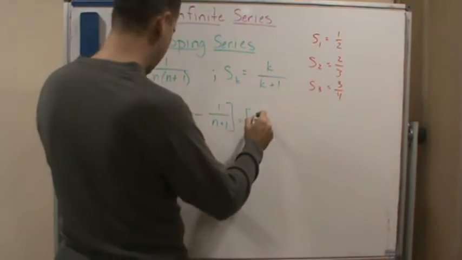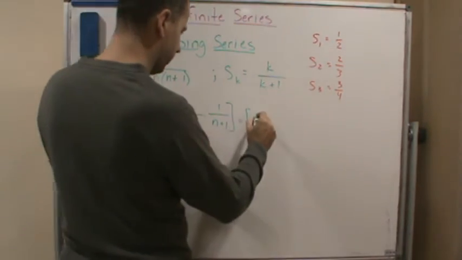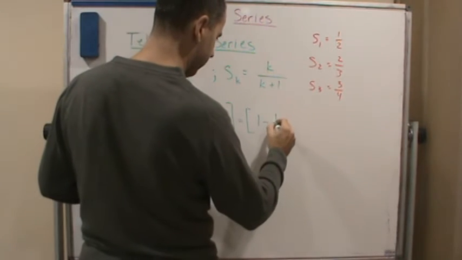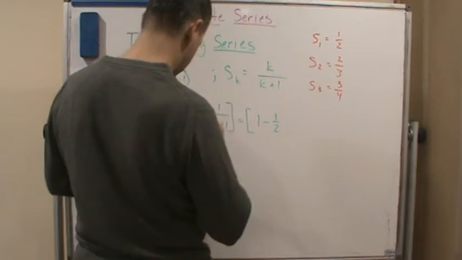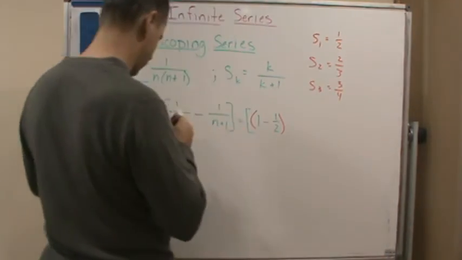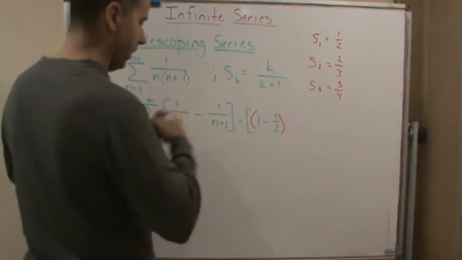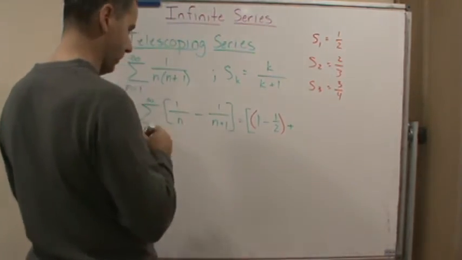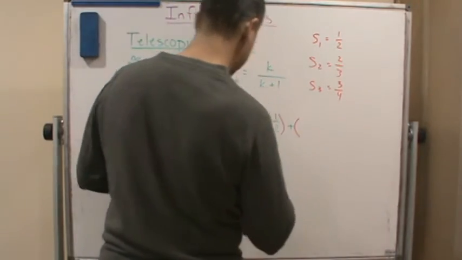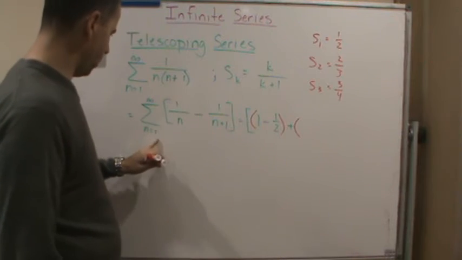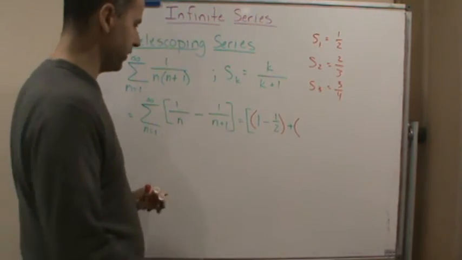It's going to be 1 minus 1/2, plus, and then the next one, for n equals 2, is 1/2 minus 1/3.